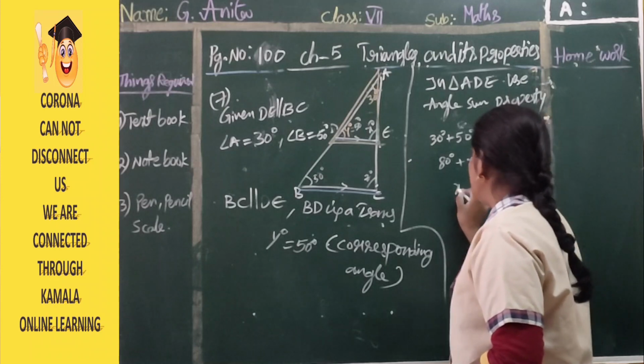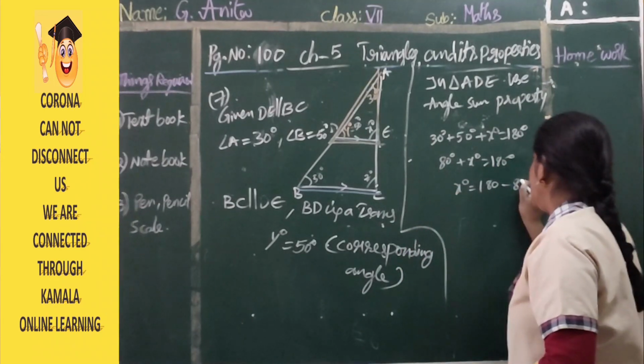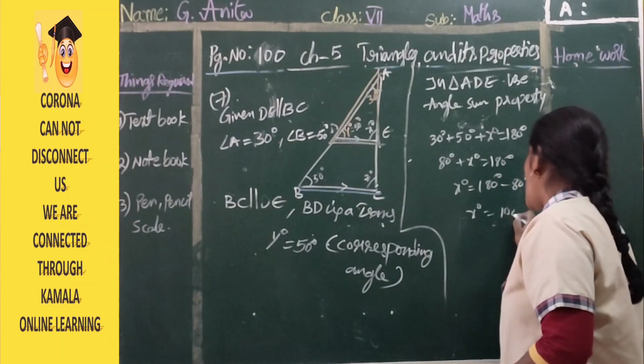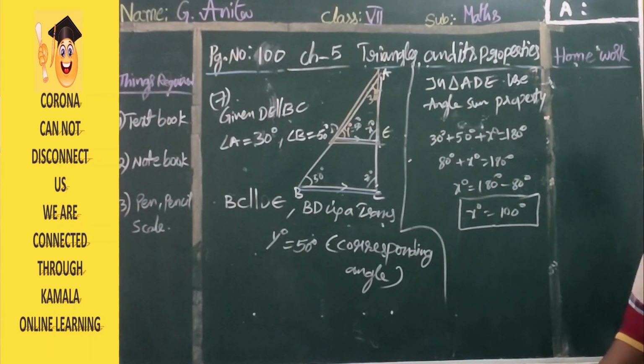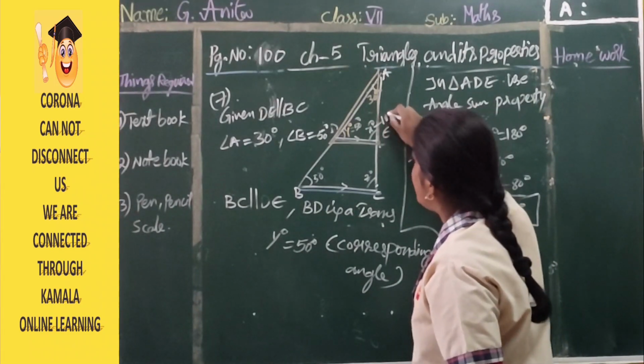Okay, clear? x degree keep here only, 180. This 80 is transposed to this side. So x degree is equal to 180 minus 80, 100. So x degree is equal to 100 degrees. So got idea about this, x degree is 100.